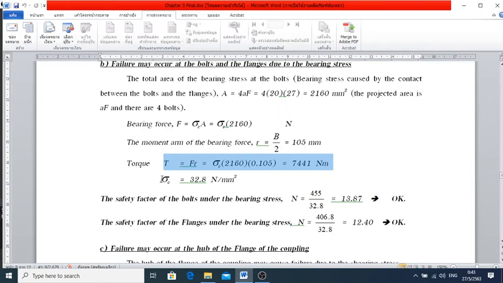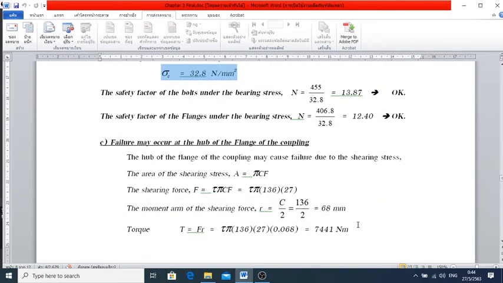I find the stress induced at the contact area, at the bolts and the flange also, is 32.8. So I check the safety factors turn out to be 13 and 12.4 respectively. It's under safe condition, much more than 1, so no problem.